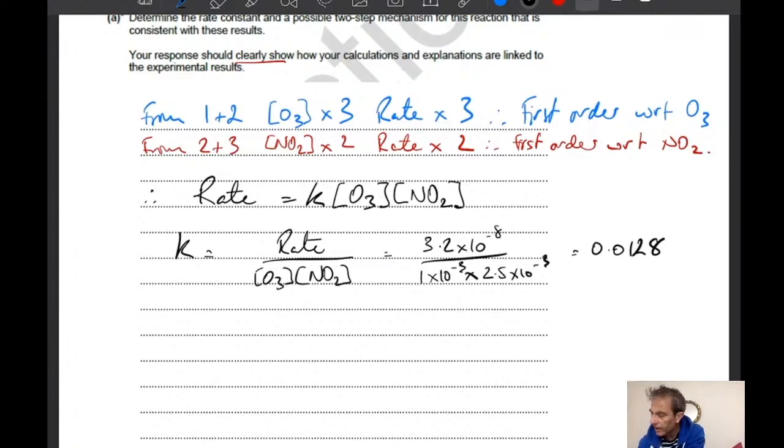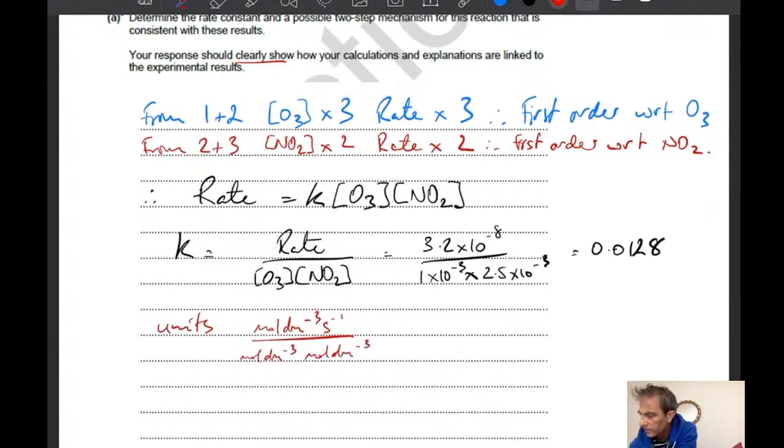What we need to do now is work out the units for k. So I'll just change to red. So the units for k, just to show you where they come from. The units of rate are moles per decimeter cubed per second, so they're on the top. And we've divided that by moles per decimeter cubed times moles per decimeter cubed. So I'll write them both out.